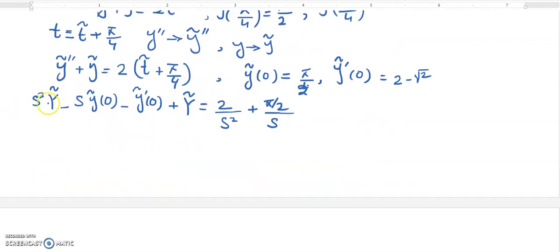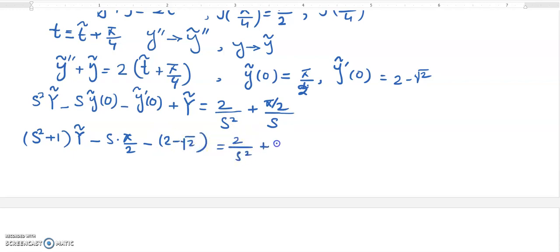Now we will collect the terms of y tilde. So it will be s squared plus 1 times Y tilde over here, and then minus s times pi by 2, which was y tilde of 0, and then y prime of 0, which was 2 minus root 2. So it is 2 over s squared plus pi over 2 s.